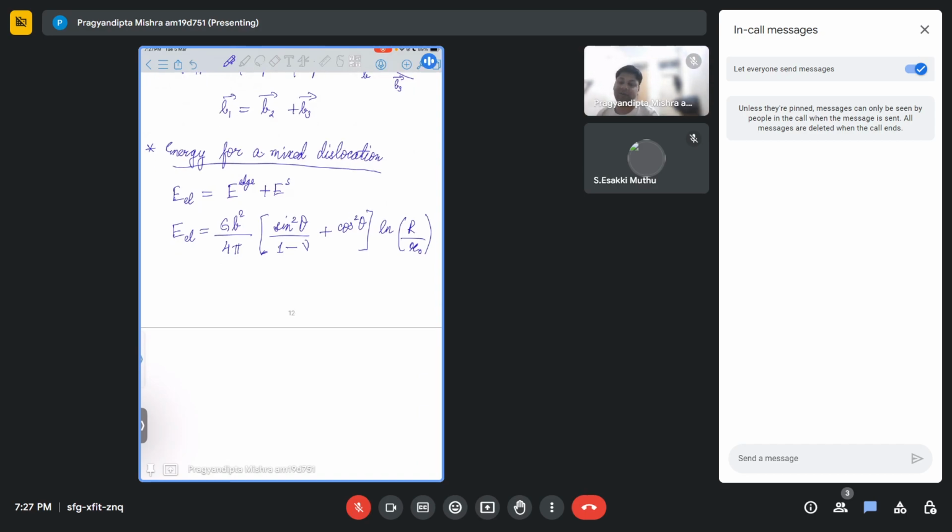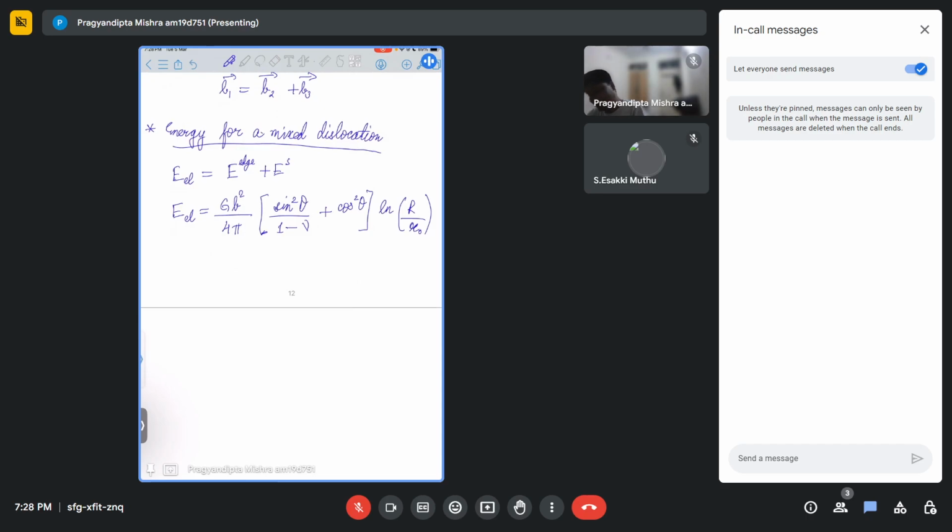One last thing that we need to discuss before we move on to problems for today. Actually, two things are left. Sorry, forgot about. So let's talk first about the line tension associated with any dislocation. So what will happen when a dislocation is getting formed?